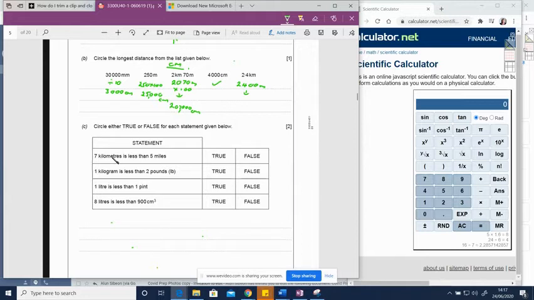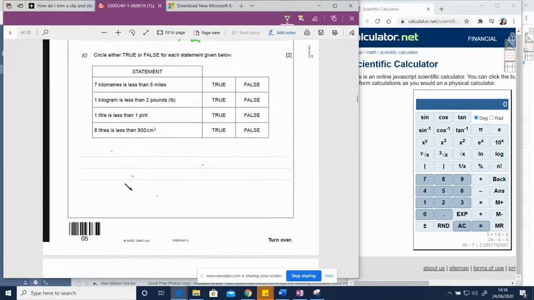Multiply by 100 to get it to centimetres, which is 240,000 centimetres. So the longest distance is 2.4 kilometres, so I'll circle that one.